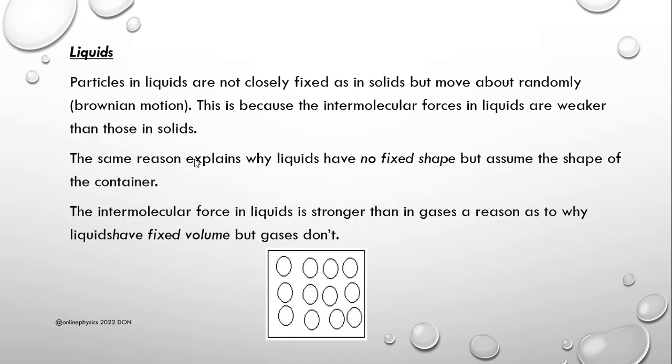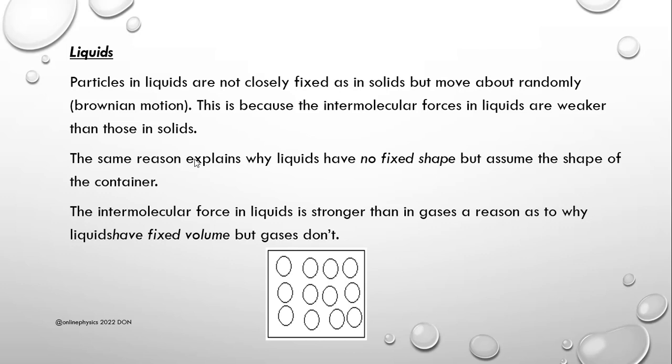Then moving to the next state of matter, we want to see the arrangement in liquids. The particles in liquids are not closely fixed as in solids, but move about randomly, as we have seen in the Brownian motion. This is because the intermolecular forces in liquids are weaker than those in solids.